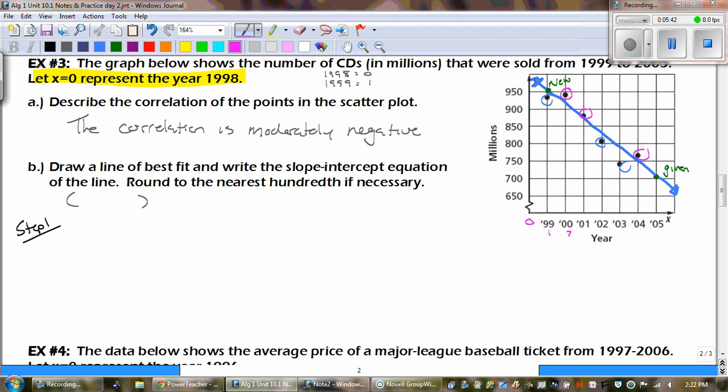So on the bottom, you can say that this is 0. That's 1, 2, 3, 4, 5, 6, and 7. So our first one, our new point that we said was all the way up there, is the point (1, 950). And then the point that was given to us down here is going to be (7, 700).